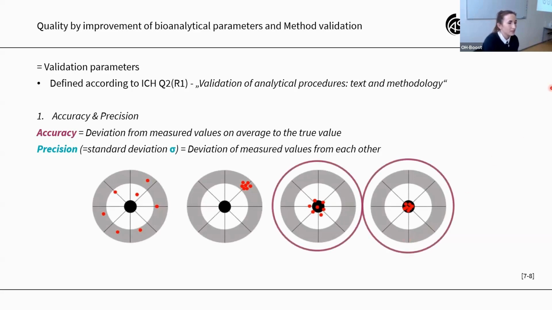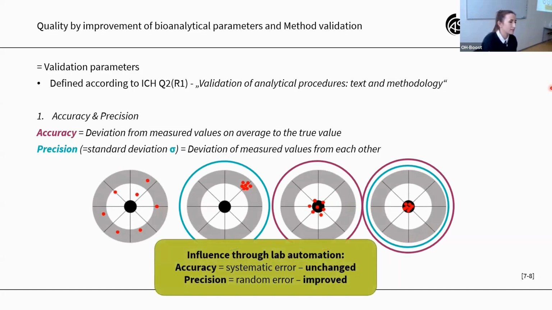In these two cases, you see we have good accuracy, because the red dots are on average close to our true value. And in these cases, we have good precision because our red dots do not deviate that much from each other. So in other words, accuracy concerns systematic errors, which are related to our method. And the precision is the random error, and that can be improved due to automation.